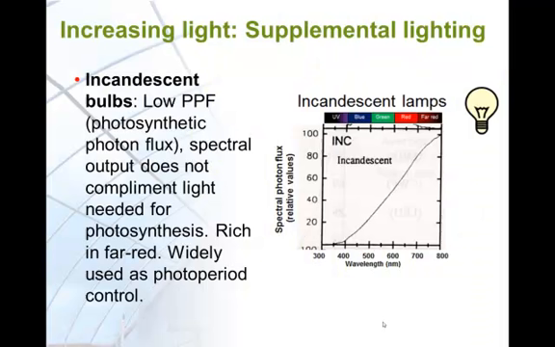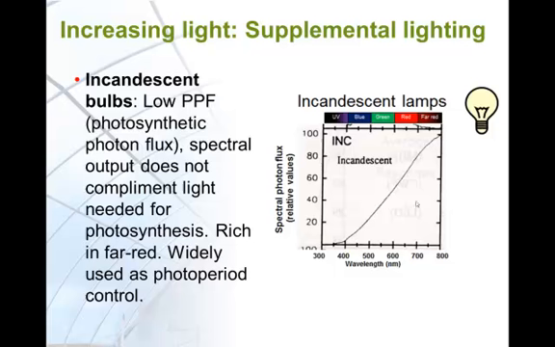Another widely used light source in greenhouse plant production is the incandescent lamp. Because of the low efficiency of energy, it may not continue for a long time anymore, but it has been used widely for photoperiodic control.